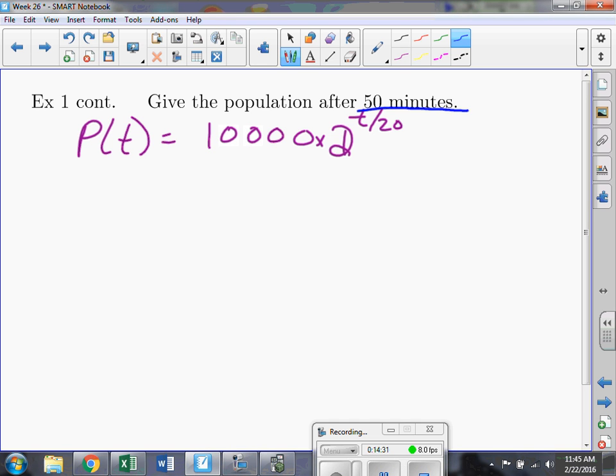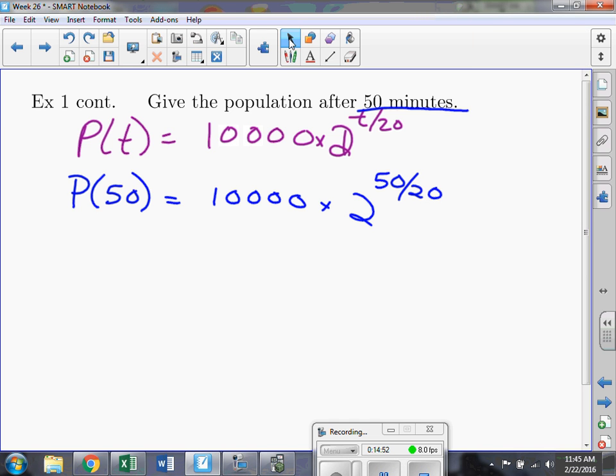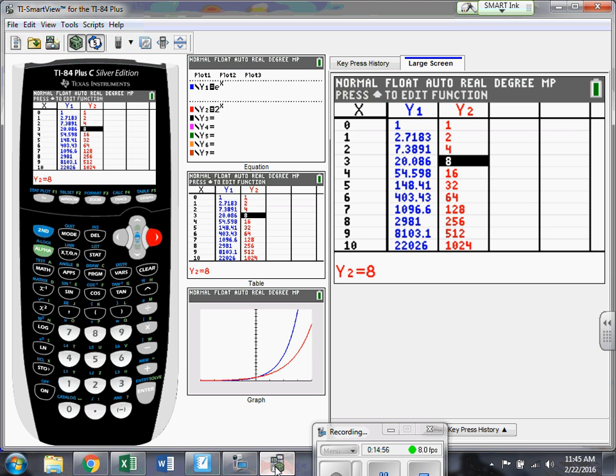You're absolutely correct, Ryan. If we want to know the population after a time of 50 minutes, we can simply plug in this argument of 50, and we have something that we can put directly into our calculator. 10,000 times 2 to the 50 over 20. Well, let's get our calculators out and actually crunch those numbers in.